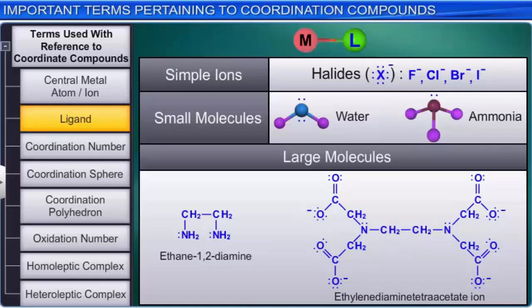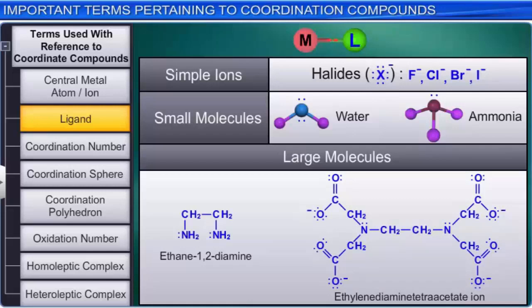The next compound you are seeing in this module is ethylenediaminetetraacetate ion. The first compound in this large molecule, you can see, is ethane 1,2-diamine, right? In this diamine there are two hydrogens, and these are substituted by acetate ions.